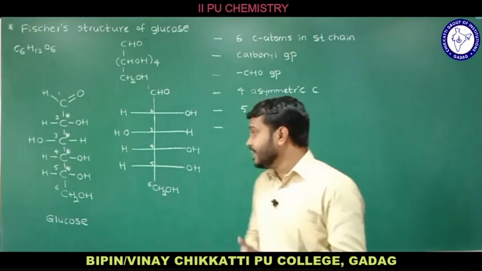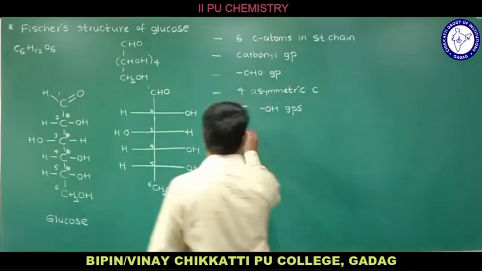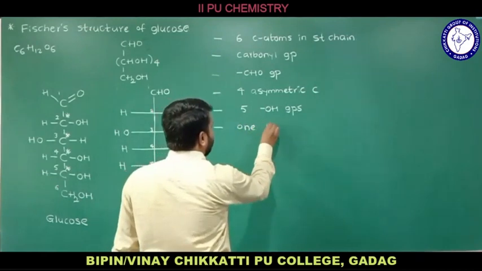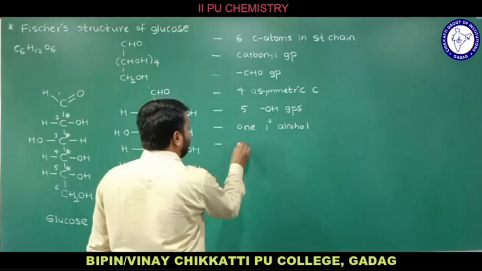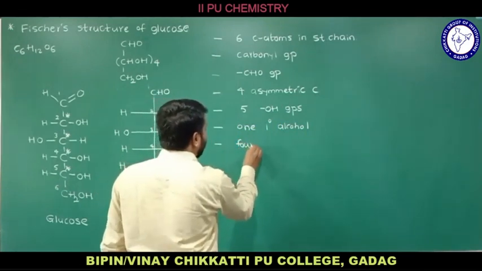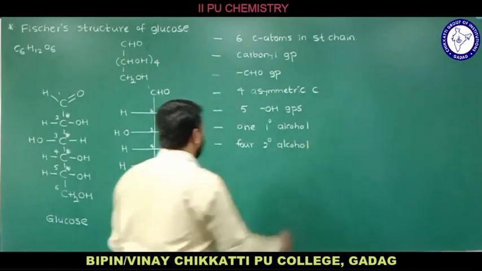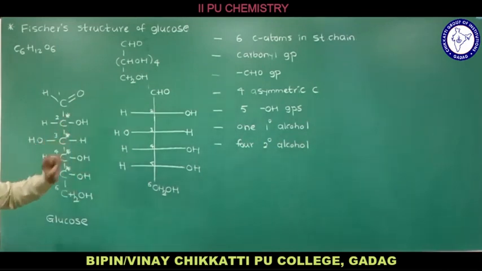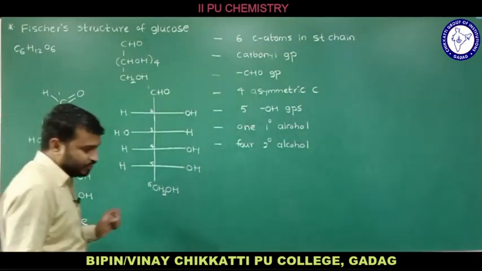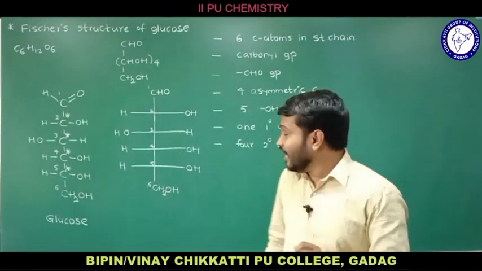So based on this reaction we can say that glucose contains 1 primary alcoholic functional group, and the remaining 4 are secondary alcoholic functional groups. These are the conclusions I am discussing here, and the reactions I discussed already.